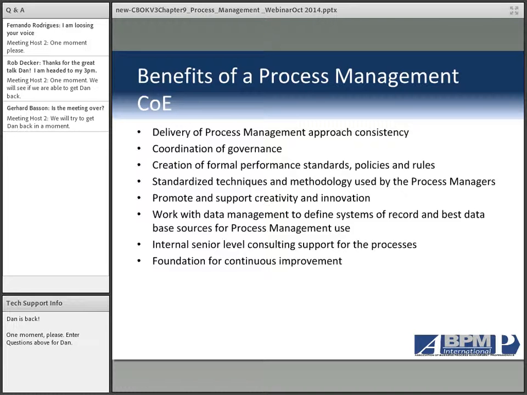The process manager really has to go to, if he can't resolve an issue, then he has to go up, first of all, to the committee, and if that doesn't work, then he has to go to the process owner and get that resolved. So directly, it's really not an issue of authority over one another. It's collaboration with the ability then to move on to higher authority.